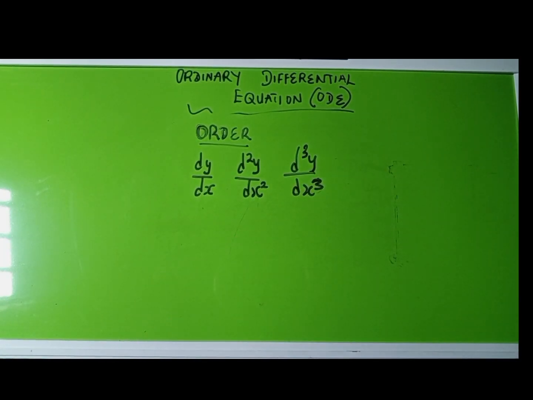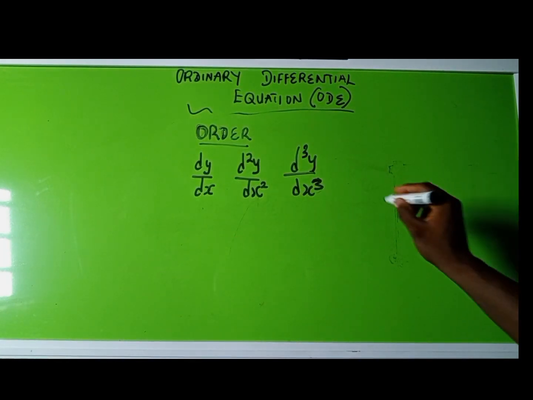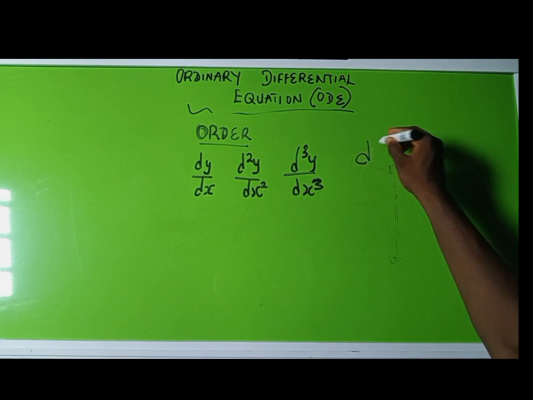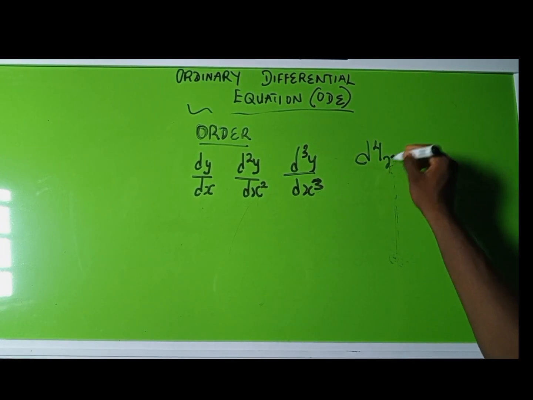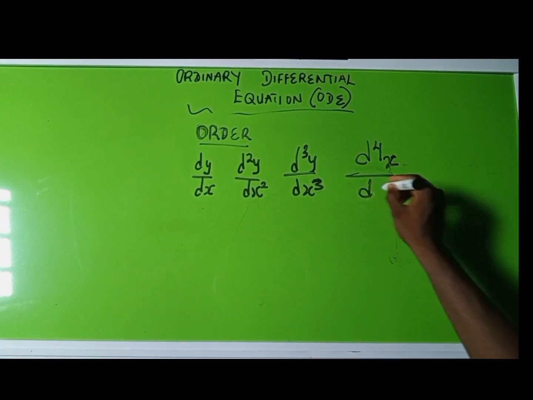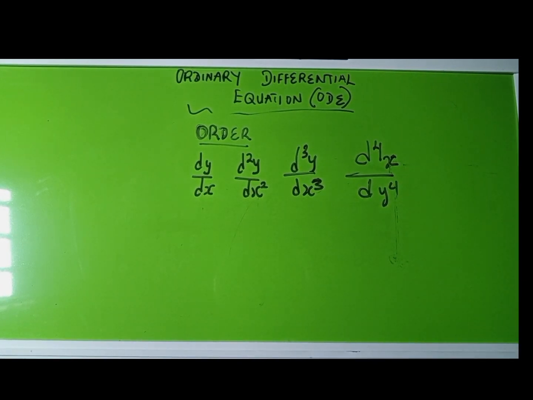We have the fourth derivative, which can be written as d⁴x over dy⁴. Whichever way you are given, whether you differentiate with respect to x or y, b or c, or any variable given, your derivative will be this way.